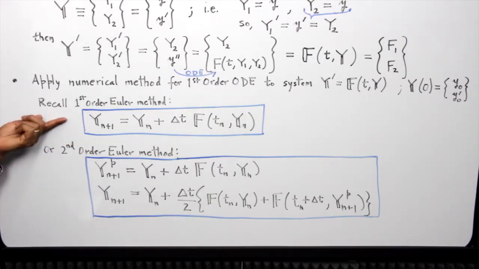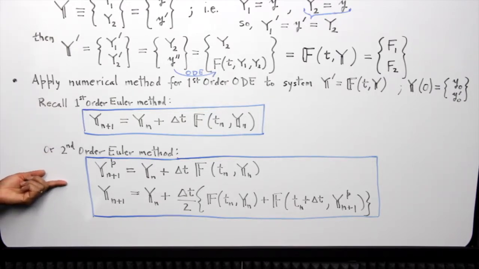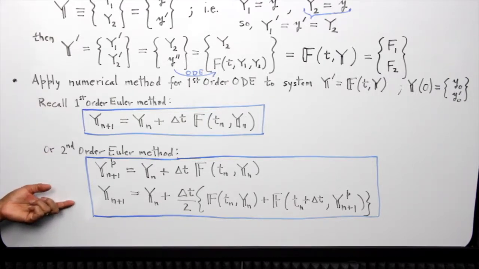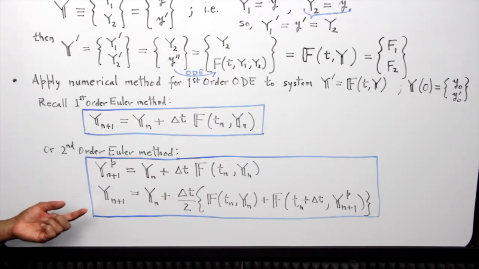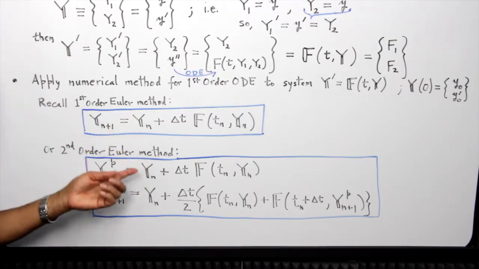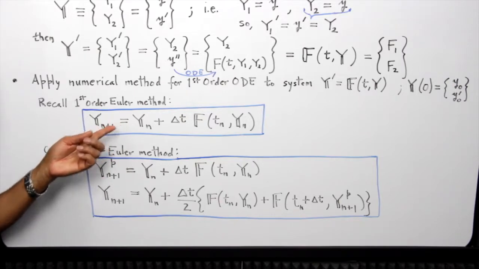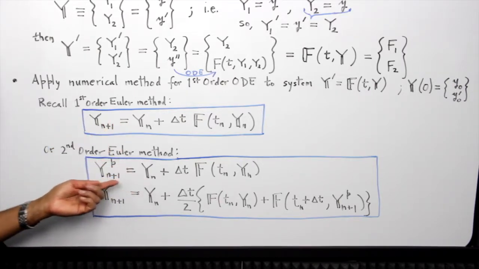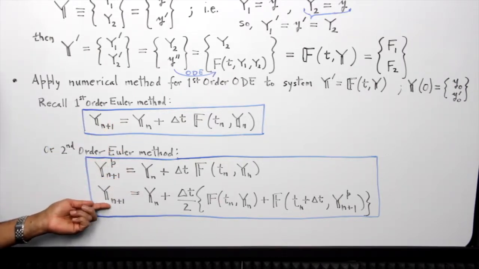If we desire higher order accuracy, better accuracy than this, which is very easy to obtain by using the second order Euler method or predictor corrector approach, where we take a first step, we compute a predicted value of Y, Yn plus 1 p, using the same first order idea that we had mentioned, and we use this to improve the prediction at the level n plus 1.